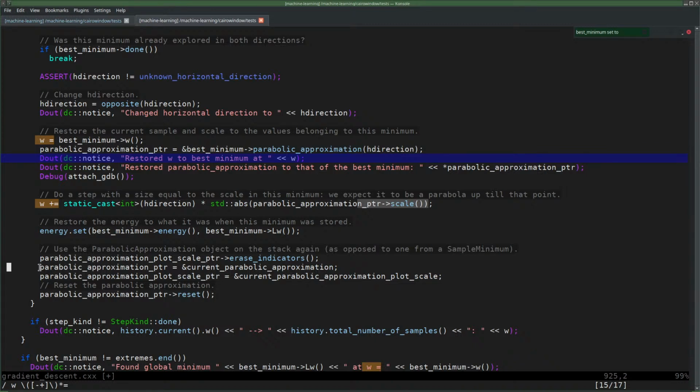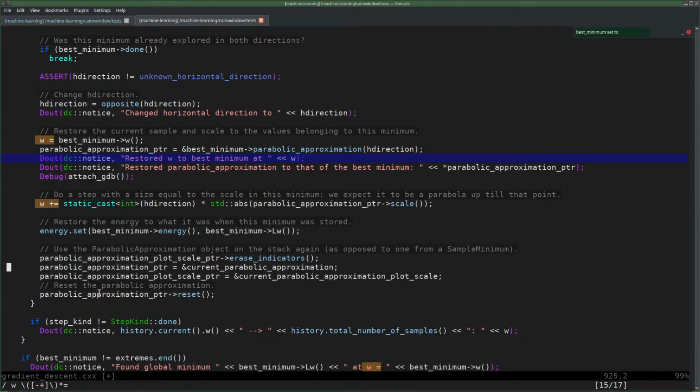So then I switch to the thing on the stack. And this is the sibling, which, well, for the scale anyway. Plotting stuff with relationship to the scale of that parabolic approximation is stored in a different object. So these two go as a pair.